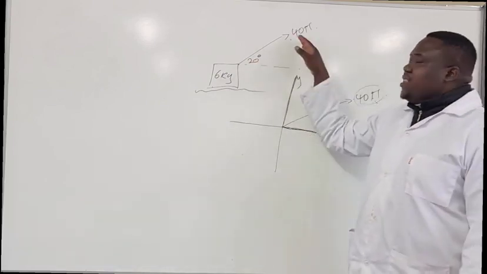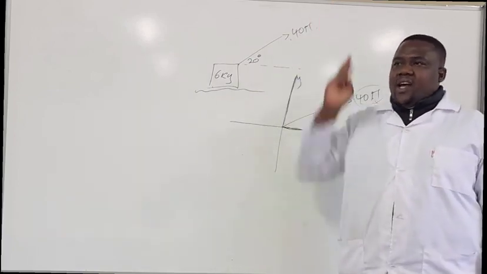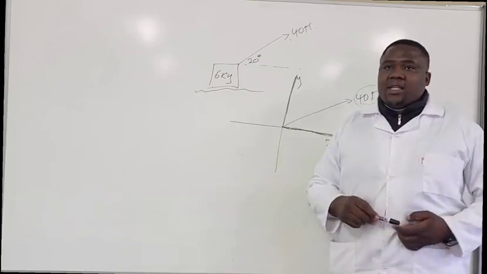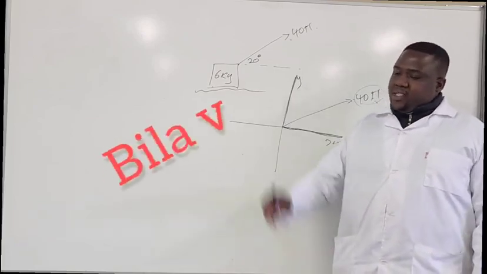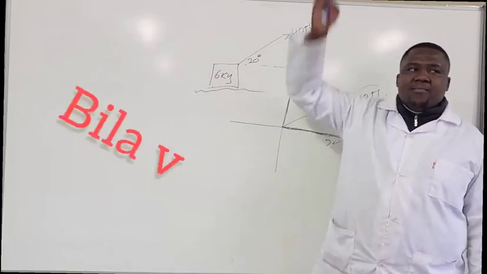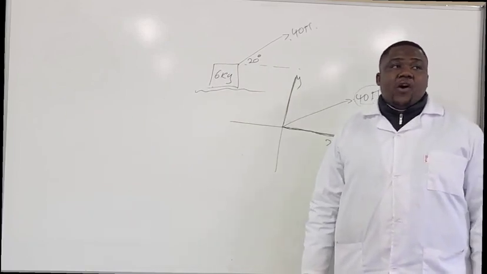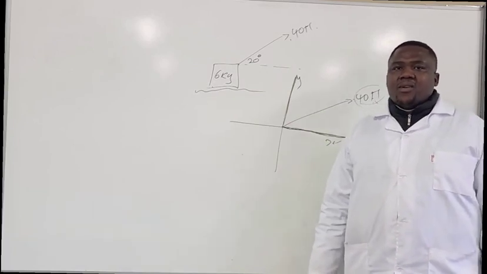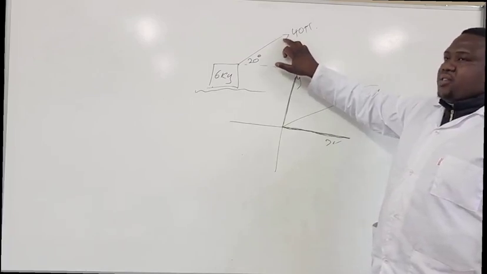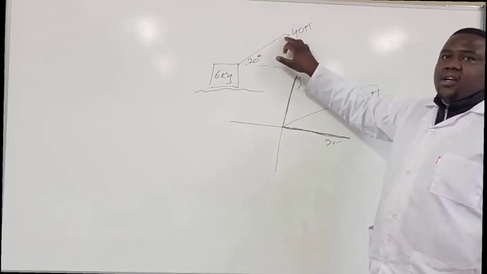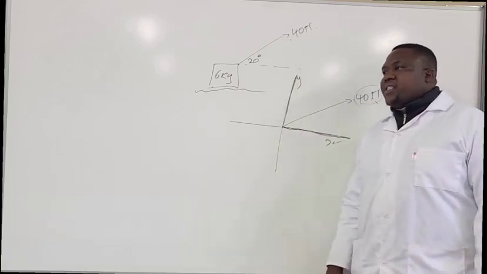I told you that to calculate the normal force, we need all the forces acting vertically upwards and downwards. As long as that force is acting vertically, we are interested in those kinds of forces. You understand? Okay. So we are able to resolve this 40 Newton into components, the horizontal component and the vertical component.